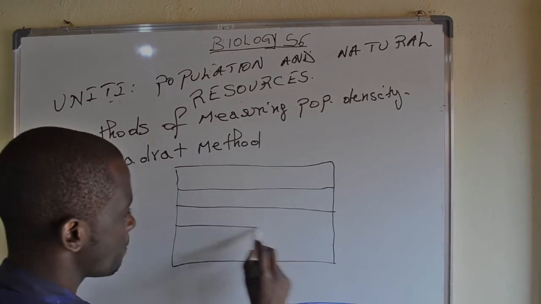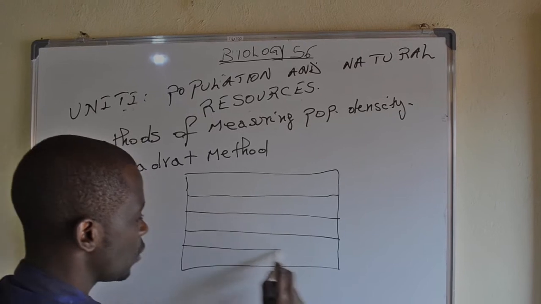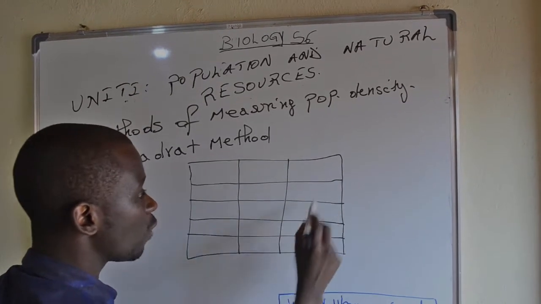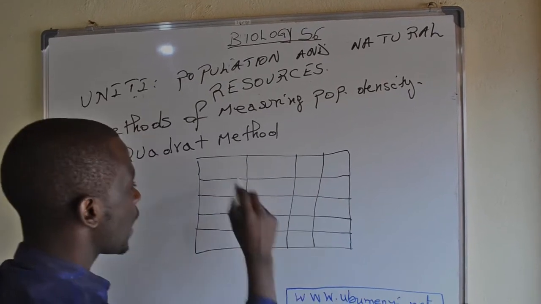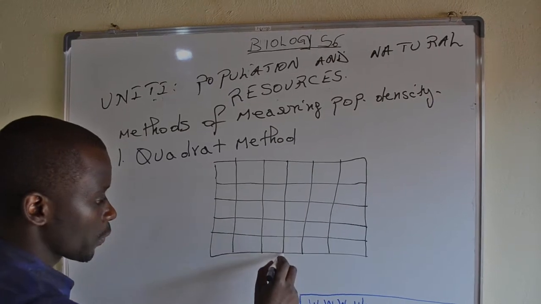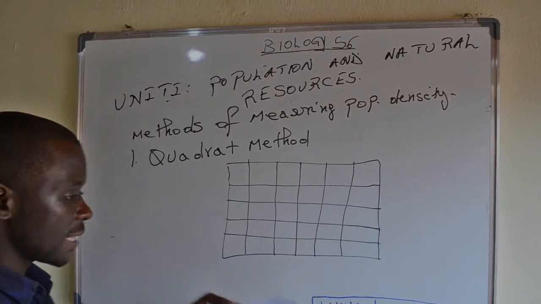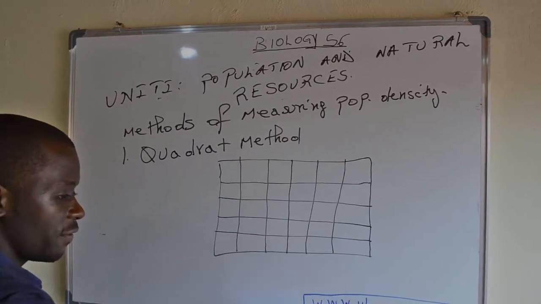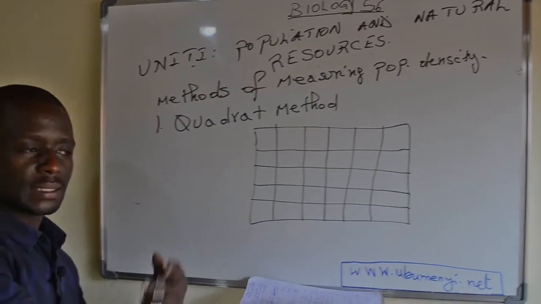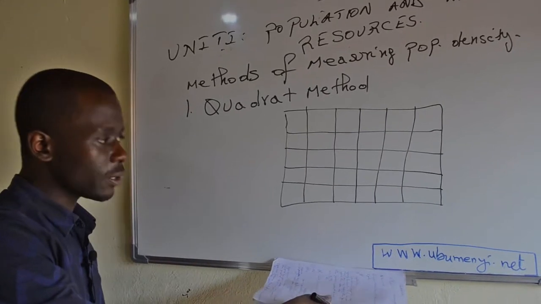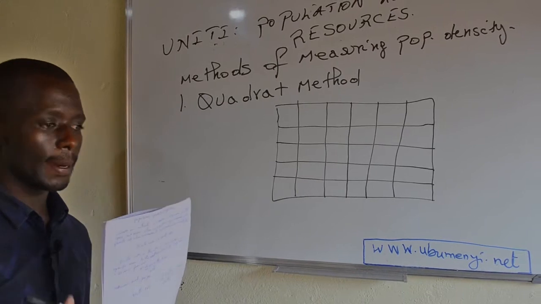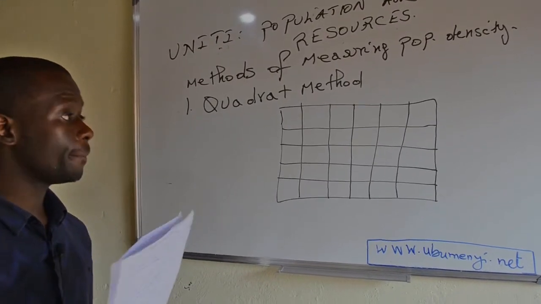It can be made of metal or wood, and you place it on a certain area, for example in a forest, in water, in a pond, where you think there are organisms that you can study, okay?